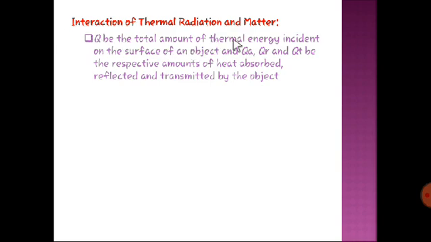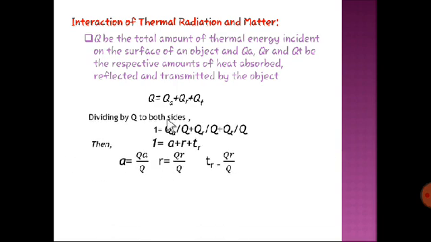Let Q be the total amount of thermal energy incident on the surface of an object, and QA, QR and QT be the respective amounts absorbed, reflected and transmitted by that object. So Q is the total, so Q = QA + QR + QT. Now I am going to divide both sides by Q. Q by Q will be 1.